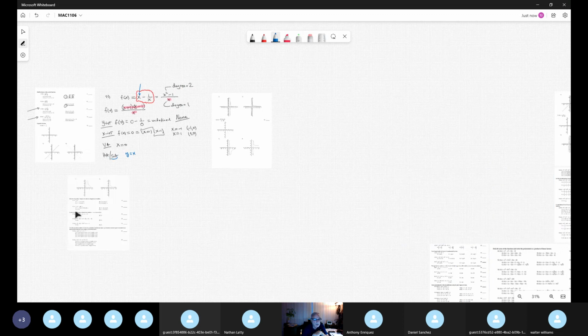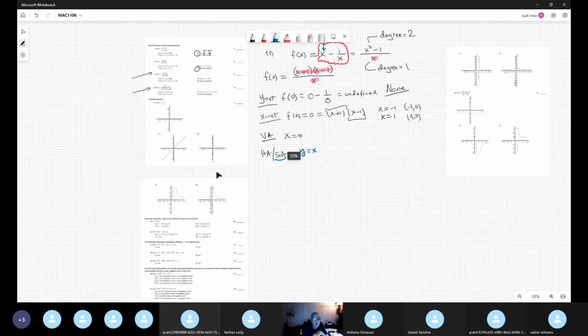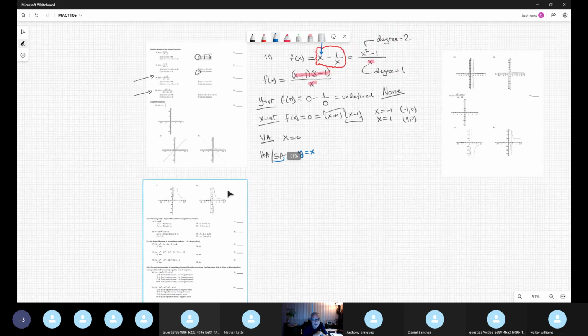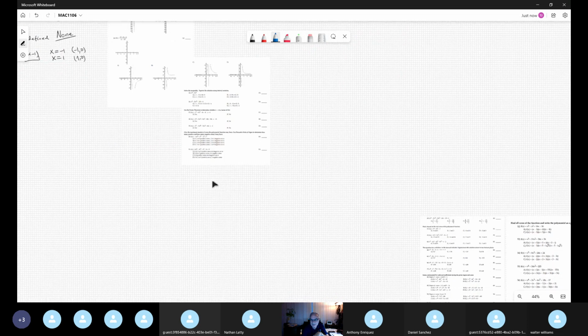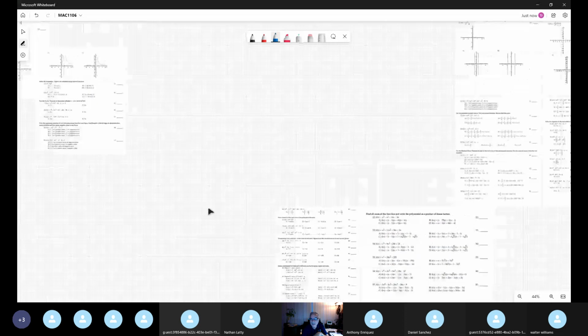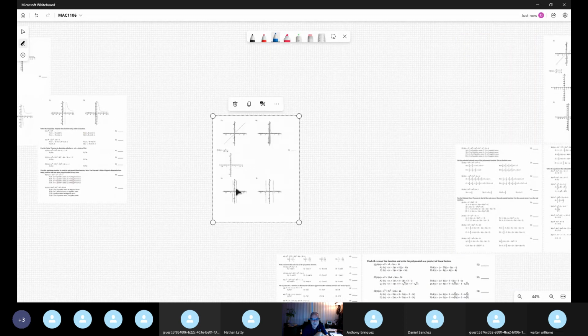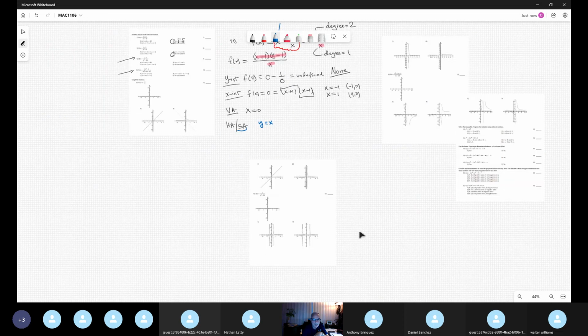Let me zoom to see more clearly. No, no, I am crazy, it's not this. Okay, this. I guess so. Yes, so this matches very, very well with this.